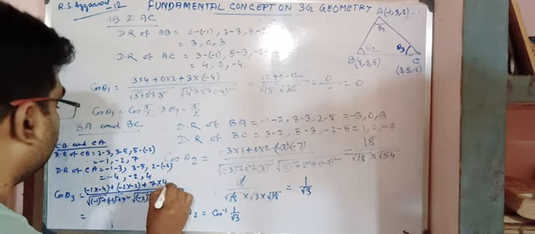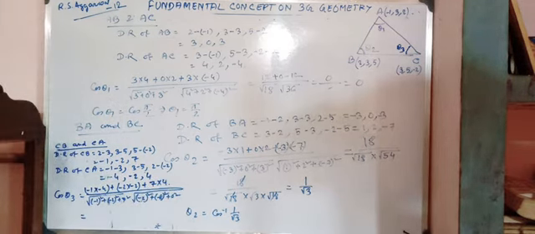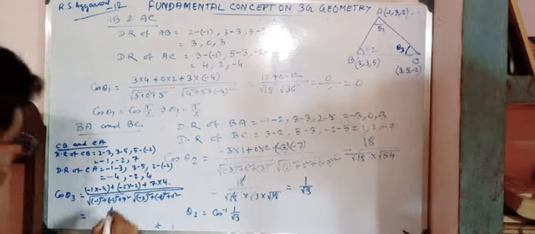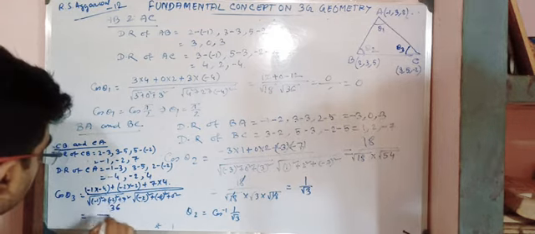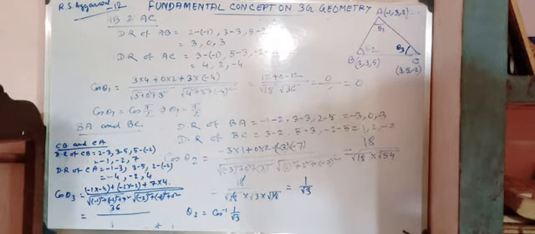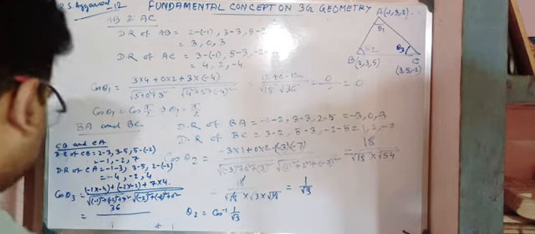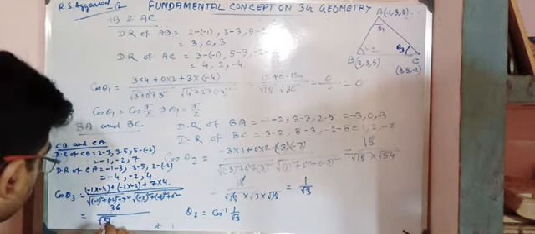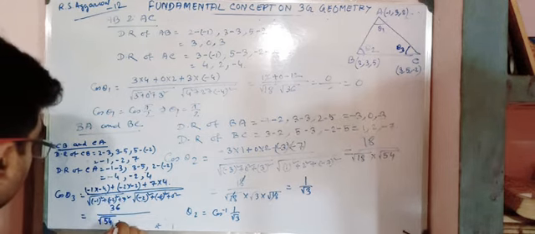Hope you are able to see it. 7 into 4. So now if we calculate that, we are getting the numerator as 36. And in the lower part, this is root over 54.